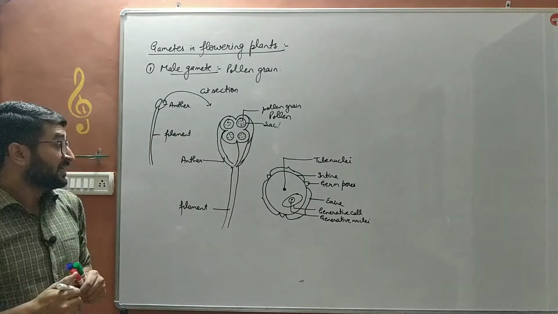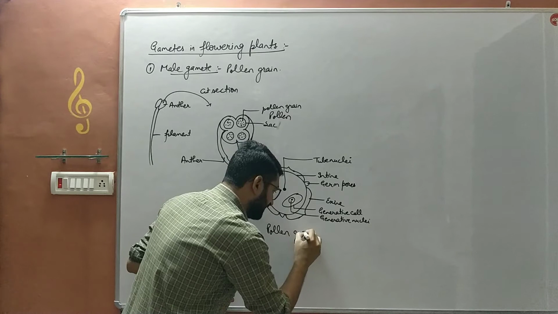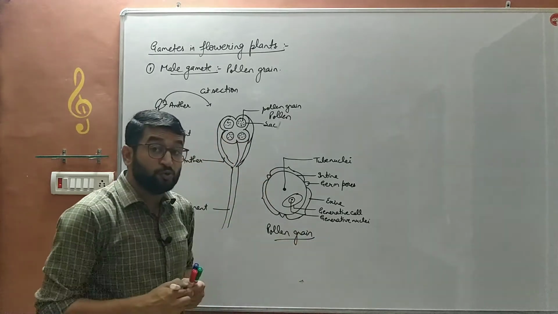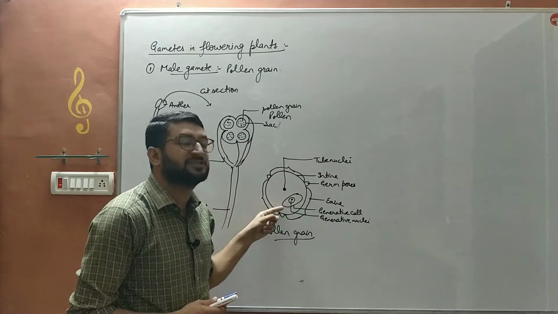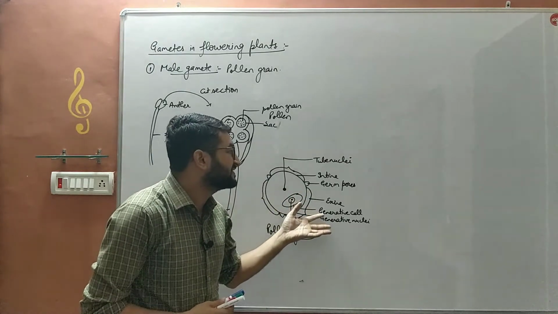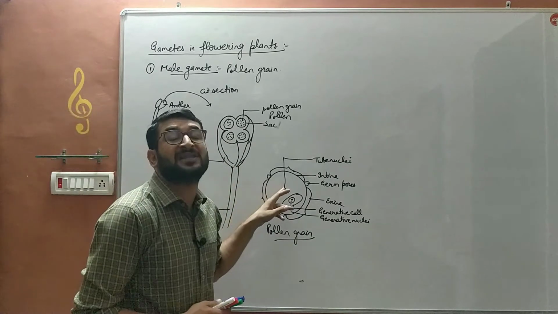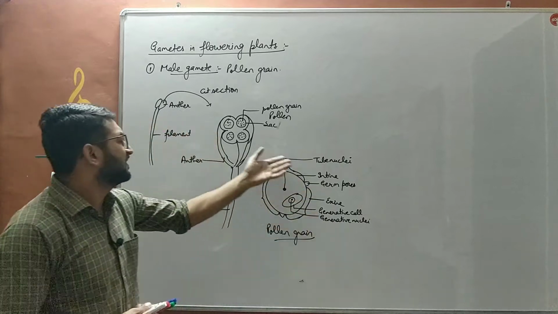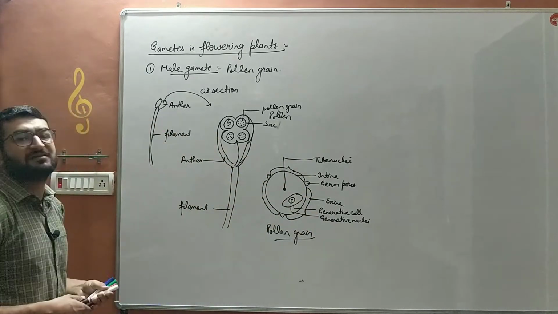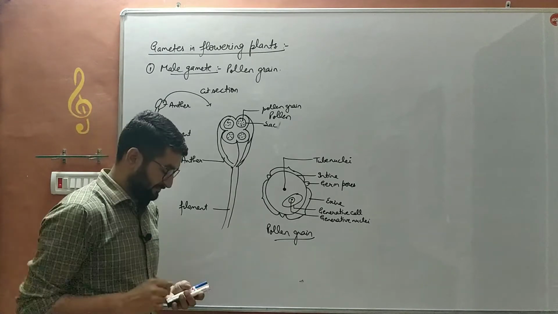So that means a pollen grain consists of two nuclei. The one is generative nuclei which is present inside a different cell, that is known as generative cell. Another one is tube nuclei which is present almost in the center of a pollen grain. So this is the structure of pollen grain, that is the male gamete in the flowering plants.